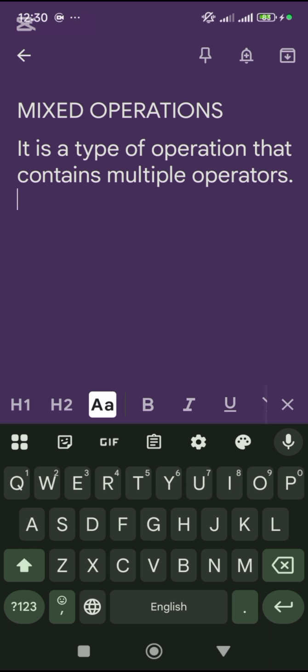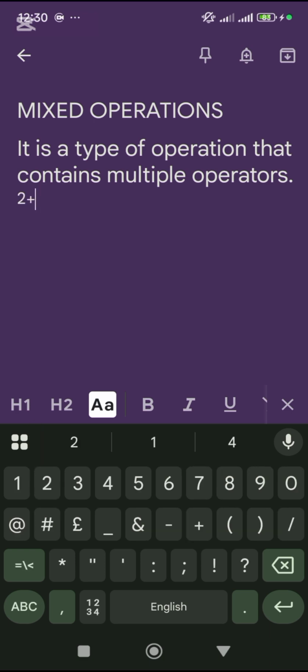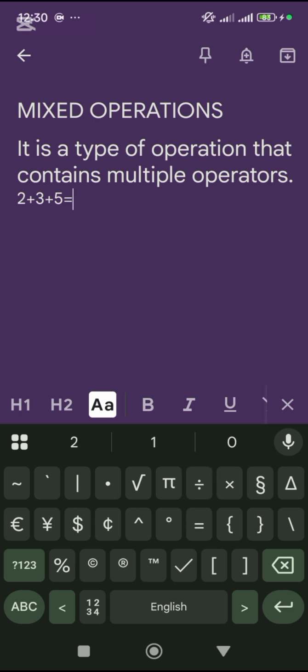Say you have 2 plus 3 plus 5, and you ask, what is this equal to? This is an operation. In mathematics we call an equation or a set of numbers with signs and instructions on what to do an operation. 2 plus 3 is 5, plus 5 becomes 10.